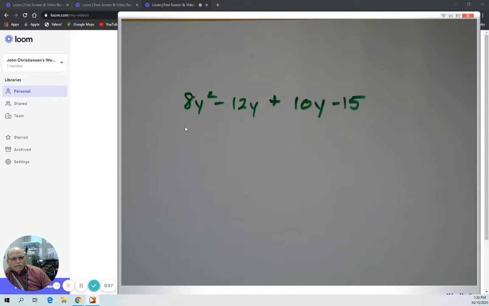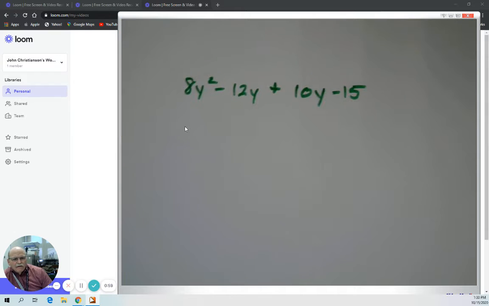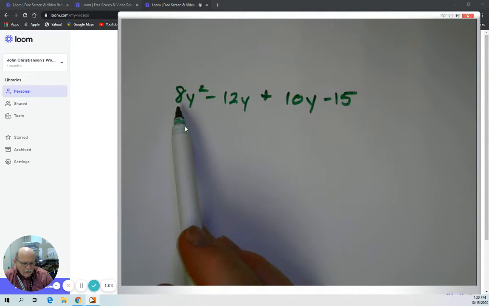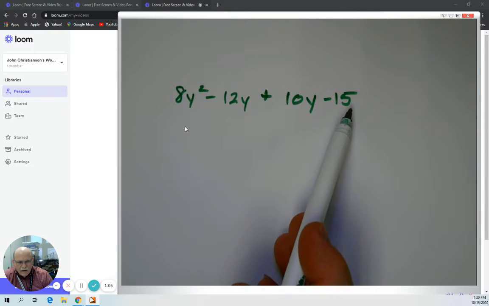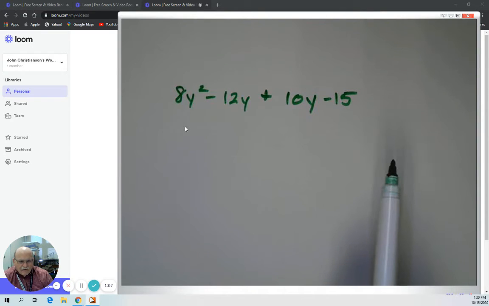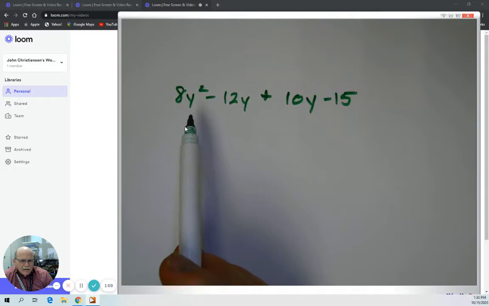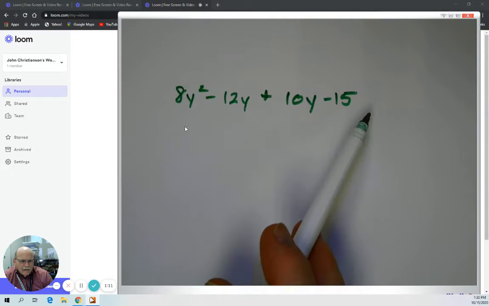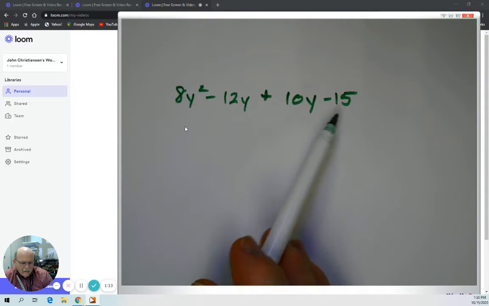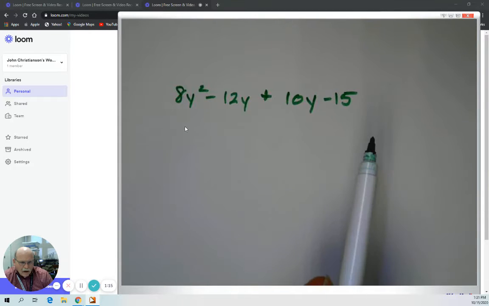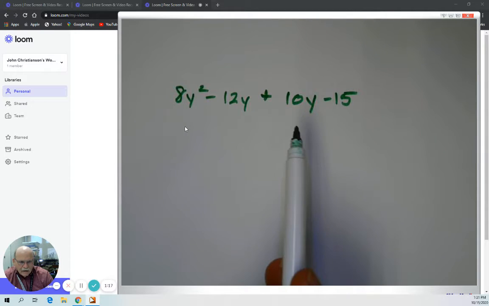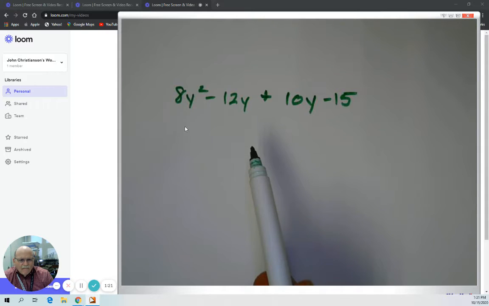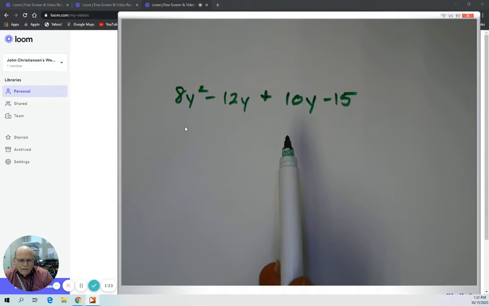And you look at this, and we start trying to find a common factor. 8, 12, 10, and 15 only have a common factor of 1, and not all of those terms have a y in them, so there's not a y to pull out. So technically, just doing this the way that I've shown you so far, we wouldn't be able to factor anything.